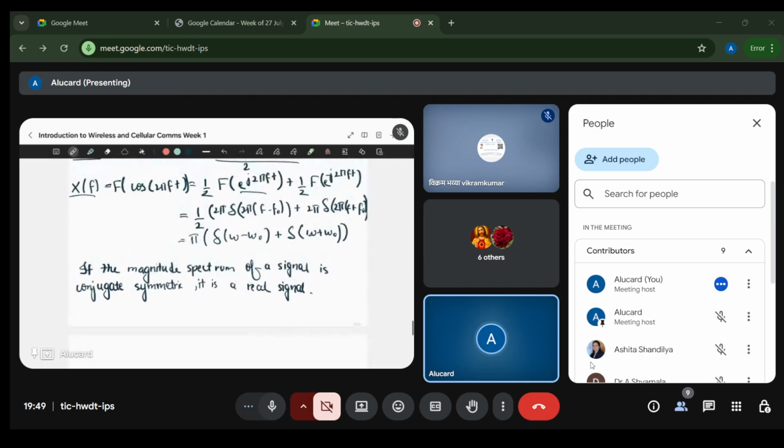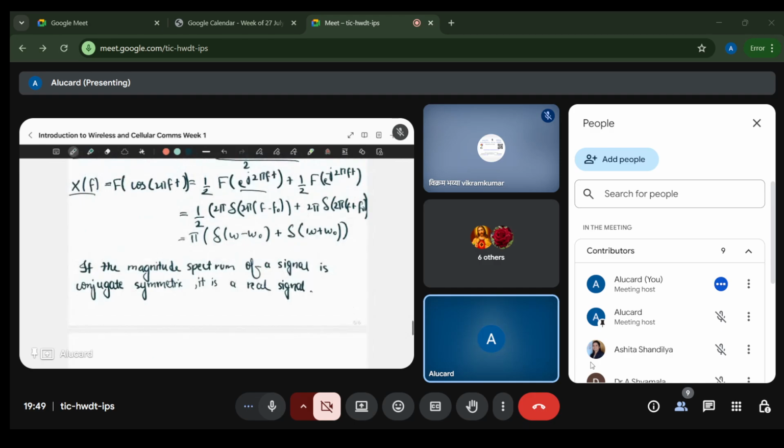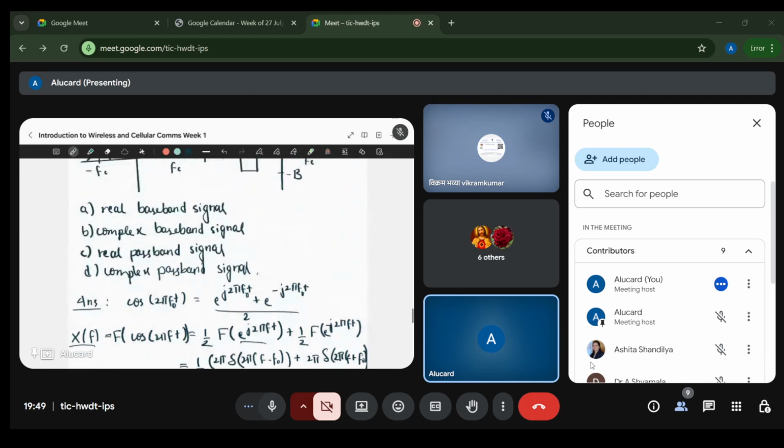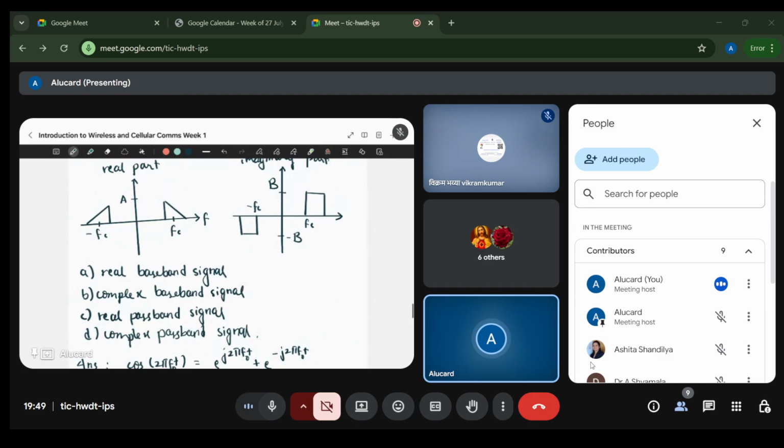In that case, if you flip the sign of the variable and also take the conjugate of the function, then you will get back the function itself. So X of minus f conjugate will be X of f. Then it is a real signal. You can also see that it is not concentrated around baseband, it's a passband signal.